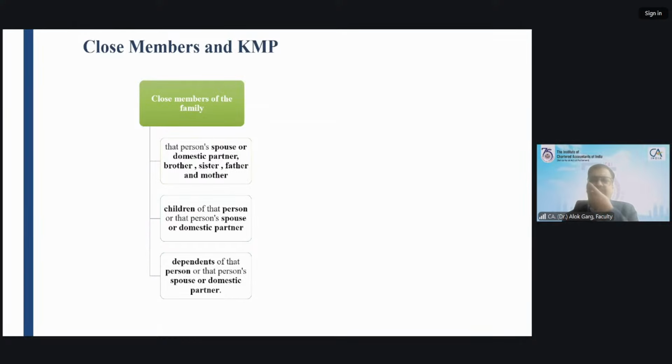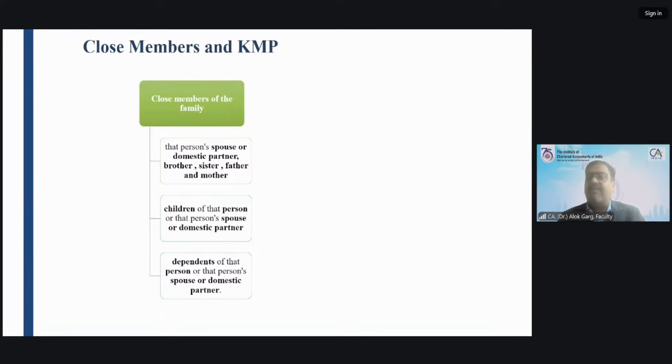So there is a form. How are these companies managing the governance? See, if you are a director, I don't know your relatives, correct? So I, as a company, will take a declaration from you. What is the name of your parents? What is the name of your spouse? What is the name of your children? What is the name of your brothers and sisters?